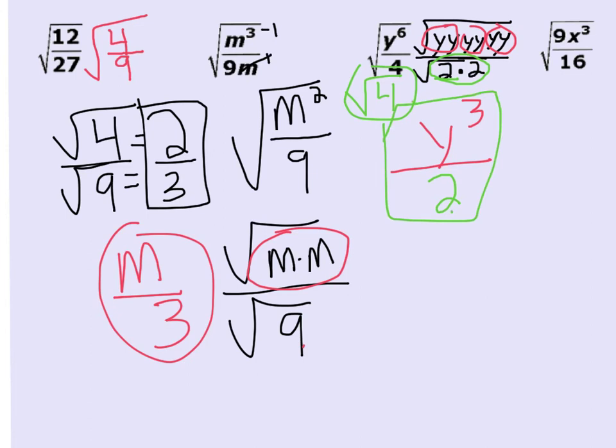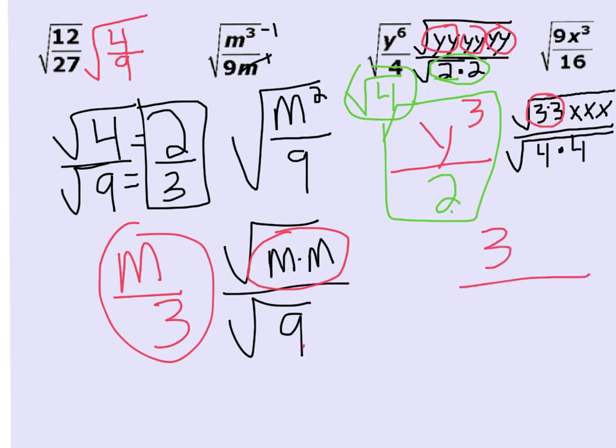So it works for numbers just like variables. One question left. Let's try this one. I'm going to use the method I just used again. So instead of saying 9, I'm going to say 3 times 3 is 9. And I'm going to write out 3 x's. And then instead of saying 16, I'll say 4 times 4. So here I go. I have 1 pair of 3's. I have 1 pair of x's.